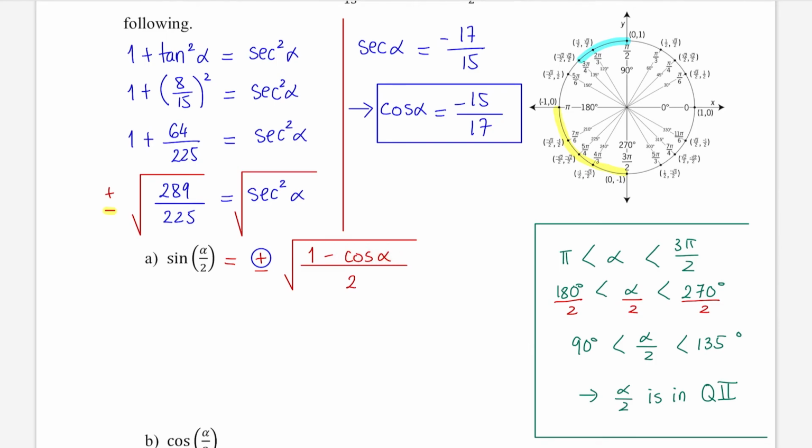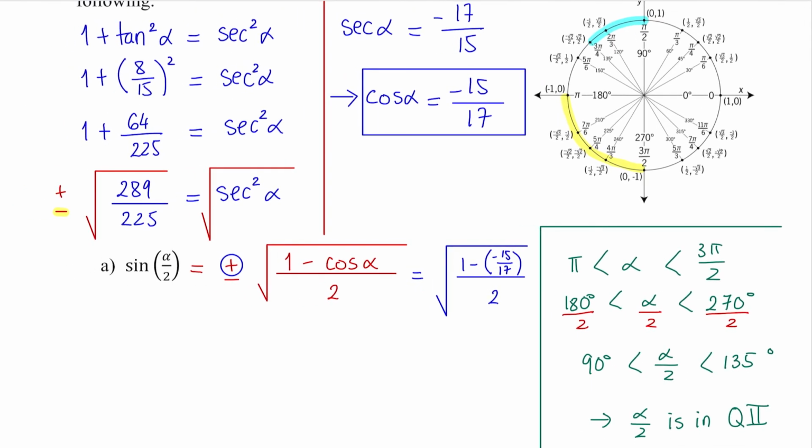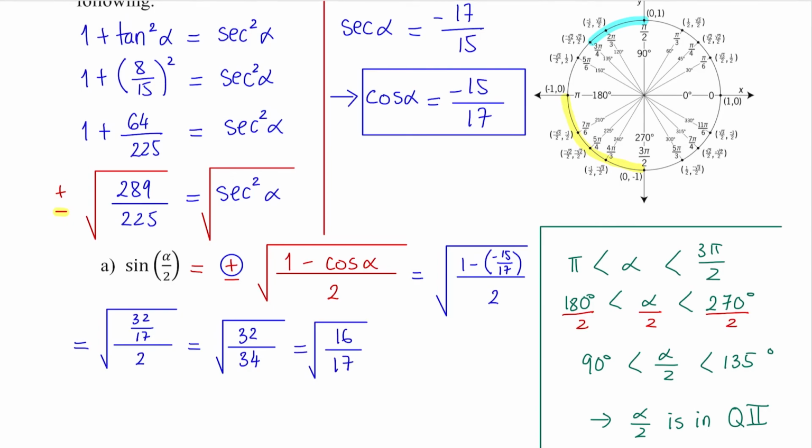And I am substituting cosine of alpha with negative 15 over 17. Minus negative is positive. I'll take 1 plus 15 over 17, which is 32 over 17. And that is 32 over 34. And that is 16 over 17, which is 4 over square root of 17.